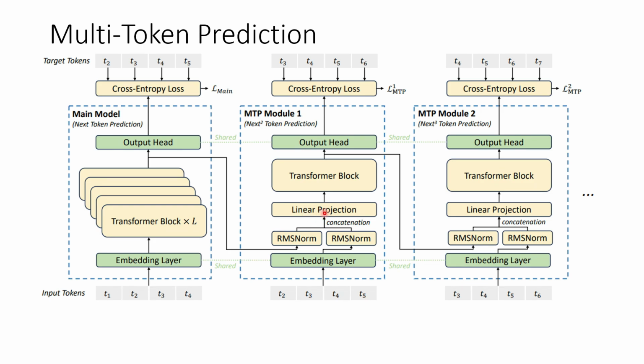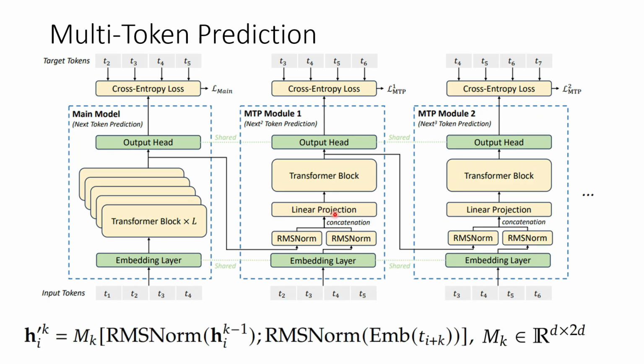This combined representation is then passed through a linear transformation projected back into the embedding vector space. The process continues through multiple MTP modules where each module reuses the previously computed embedding vector as an additional input for the next prediction.